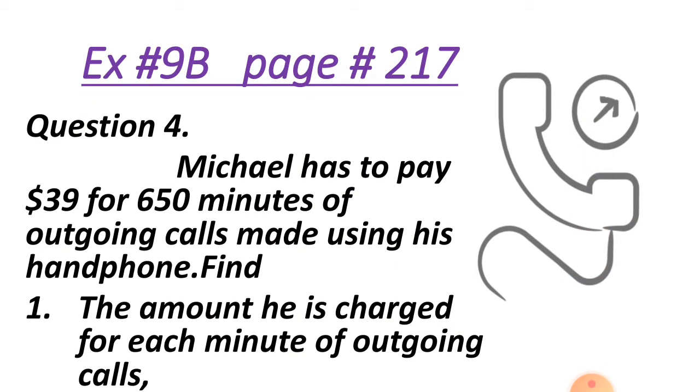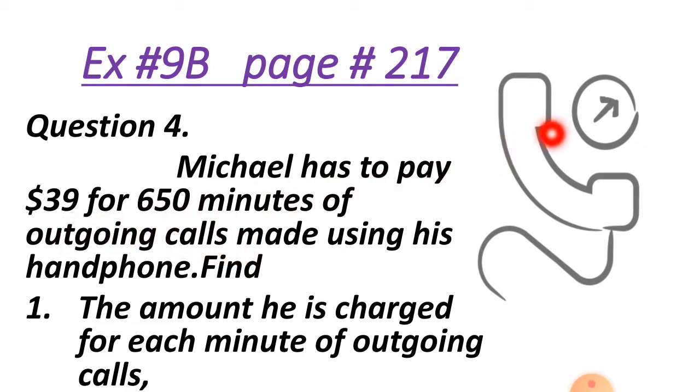So let's start the exercise 9b, page number 217, question number 4. Mikhail has to pay $39 for the 615 minutes of the outgoing calls made using his headphone. Before solving this question and before going to part 1 and part 2, I am going to tell what the meaning of this question is.